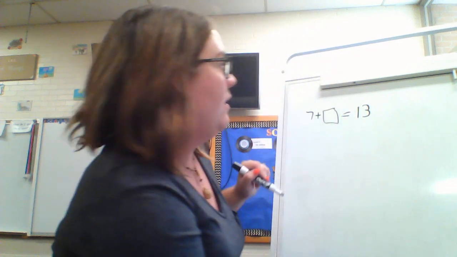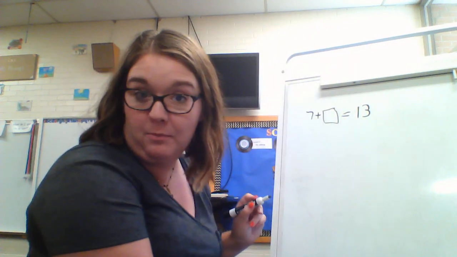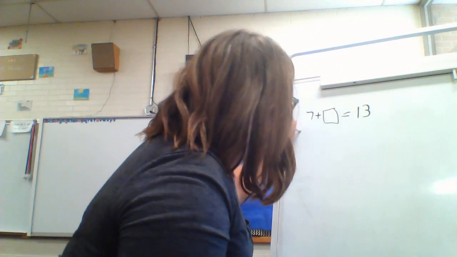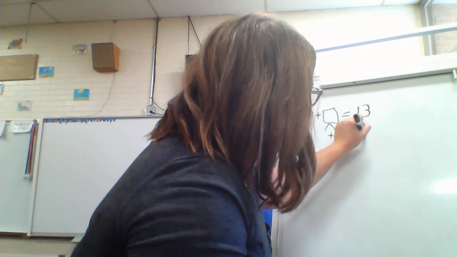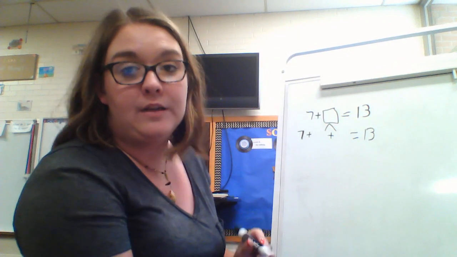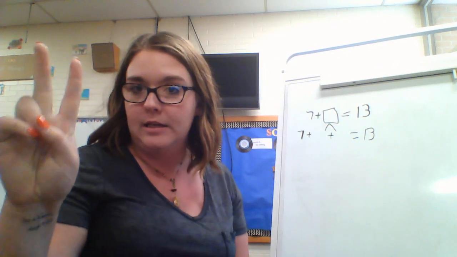So number 2, the first part has 7 plus blank equals 13. Okay, that first method I have is the math mountain method with adding my unknown partner. 7 plus, I make my math mountain, something plus something equals 13. I need to get from 7 to 10, 7, 8, 9, 10.